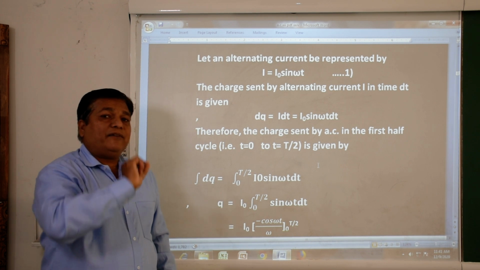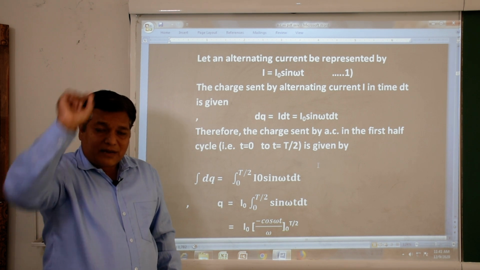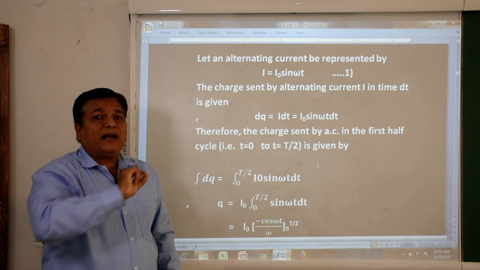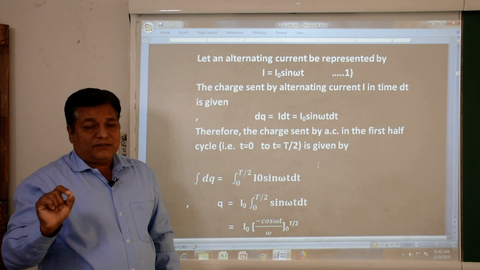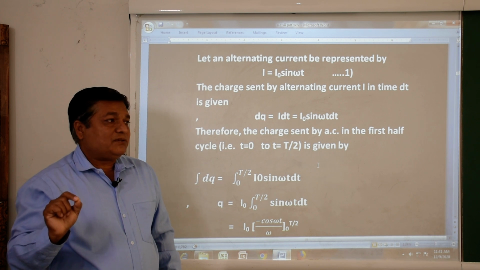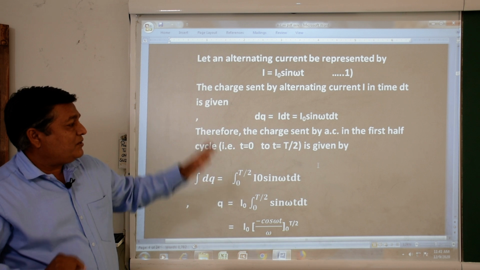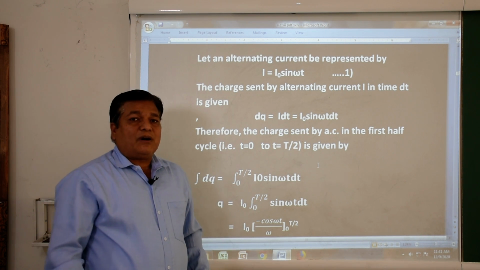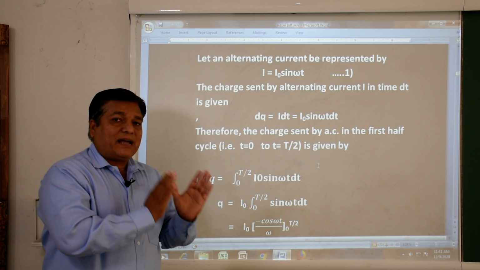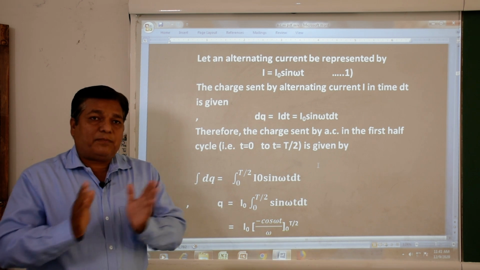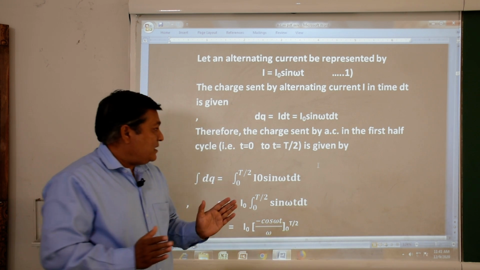And after another t by 4, when the time becomes t by 2, it comes back to the 0 position, meaning the current becomes 0. This is said to be the half cycle of AC, as I have just shown you in the wave diagram. So half cycle is from time t equal to 0 to time capital T by 2.